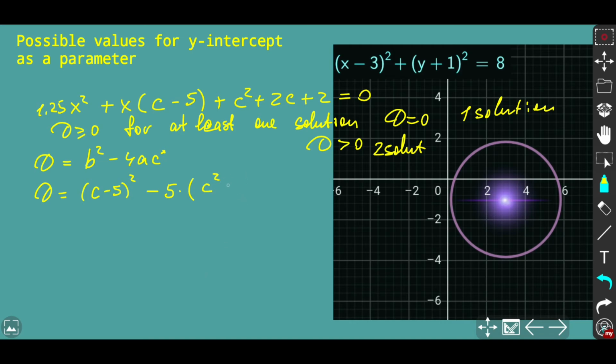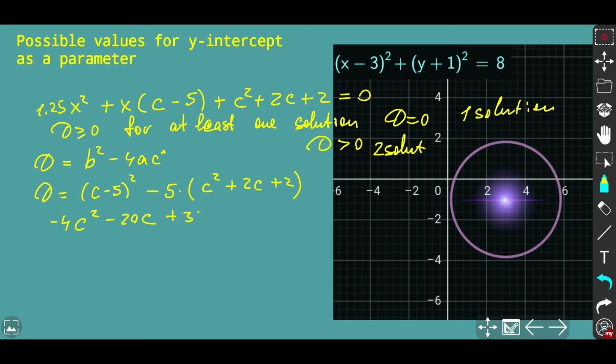Alright, so if I simplify that, I'll get the following: c squared minus 4c squared minus 20c plus 35.